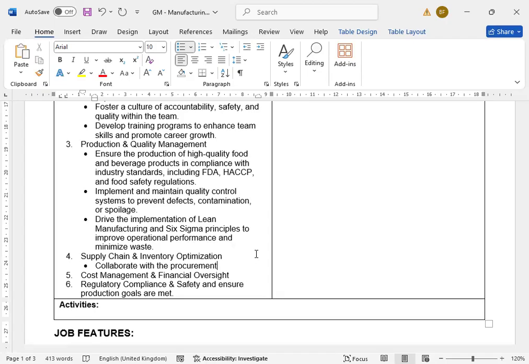It's very important that the company has capital to provide the procurement with all the money to buy all the raw materials that production and manufacturing need. Okay, the procurement and logistics teams.